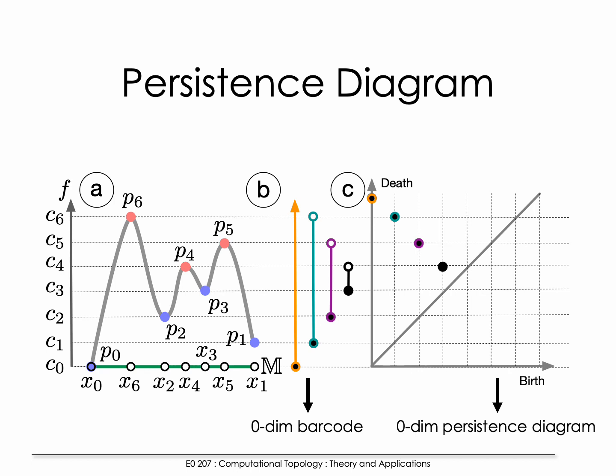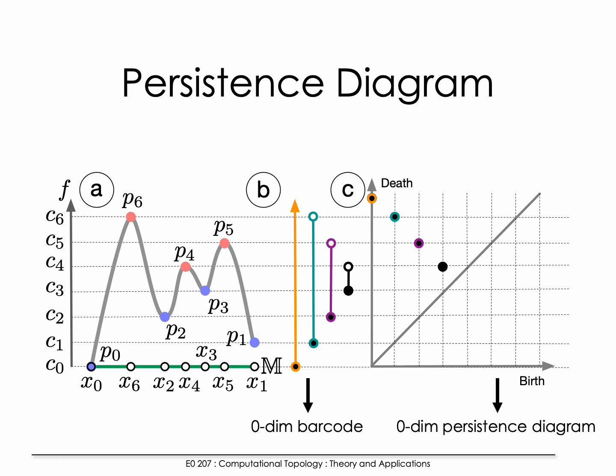Subfigure C, towards the right, shows an alternate representation, and this is called the persistence diagram. Each critical point pair is plotted as a point on the XY plane, in the first quadrant, where the x-axis corresponds to the birth time and the y-axis corresponds to the death time.